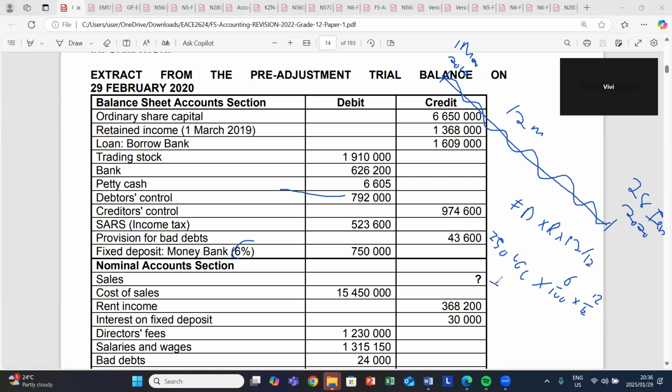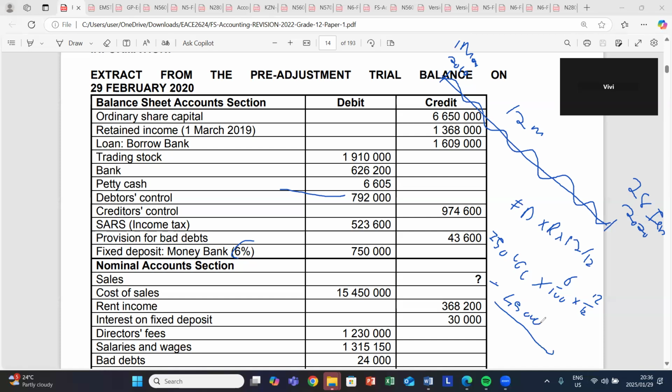And then we'll get our interest income. Let's calculate it: 750,000 multiplied by 6% gives us 45,000 rand.